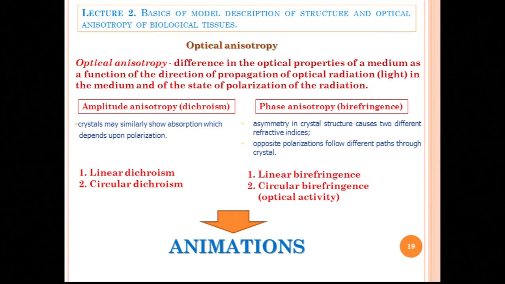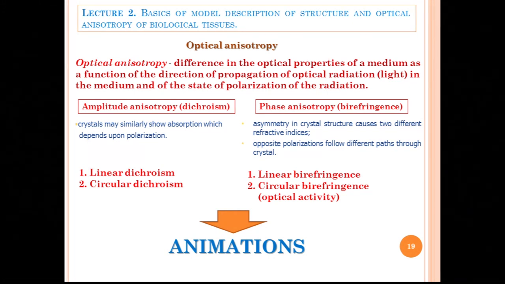One can see linear dichroism and circular dichroism. Linear dichroism is a dependence of absorption on linear polarization. Circular dichroism is a dependence of absorption on circular polarization. What about birefringence?